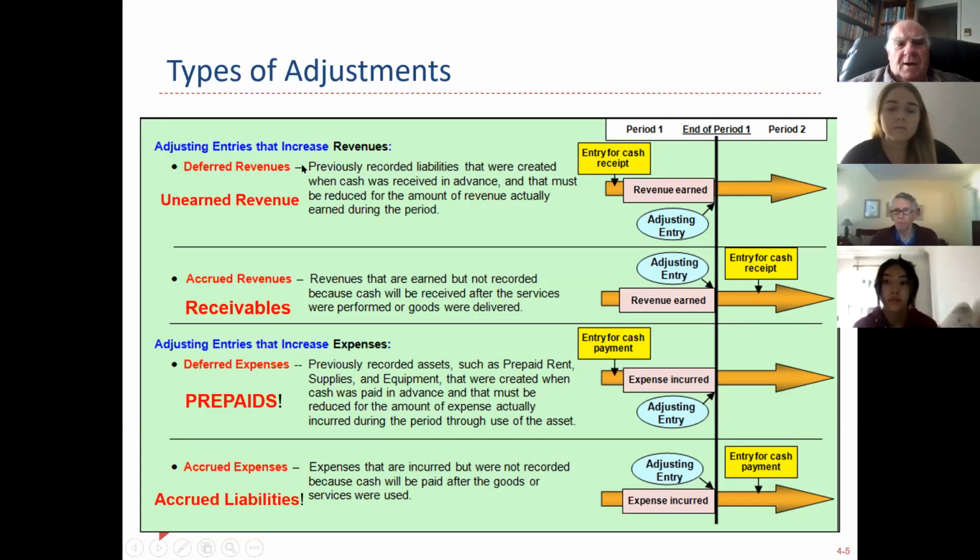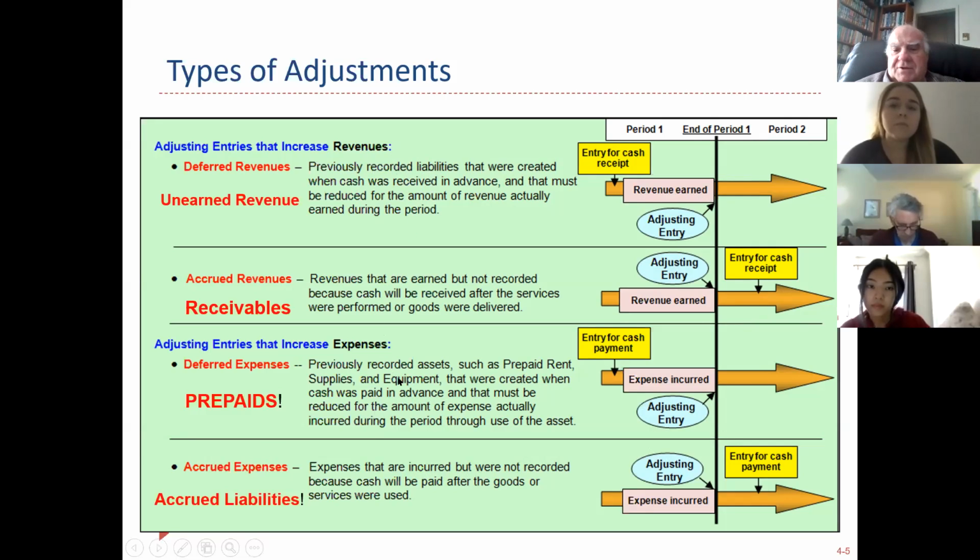So when they got the money, that is a debit to cash, and the credit is to a liability account called unearned revenue. It's a liability because the Dodgers owed me baseball. And then once they started playing games, they could debit that liability and record revenue.